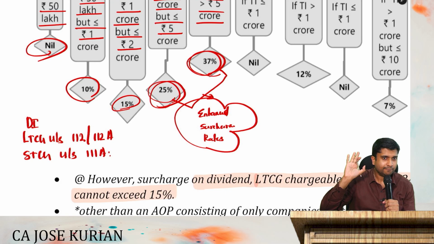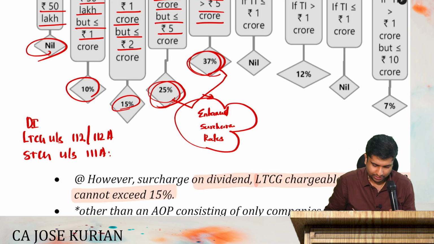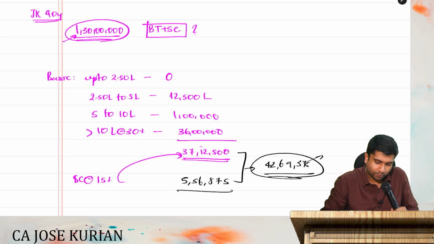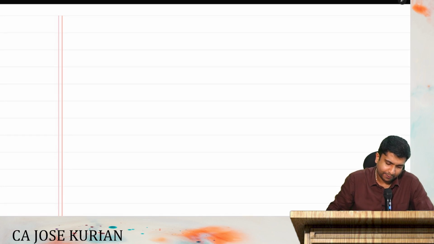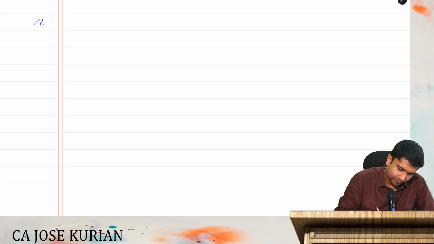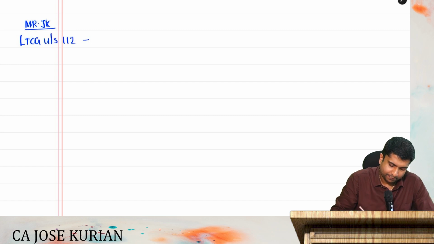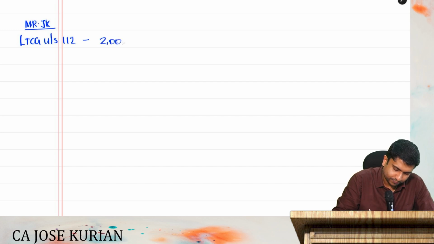Are you all listening? I'll give you an example of how to compute the surcharge rates. Say I am Mr. JK and I have long-term capital gain taxable under 112 and my income is 2 crore.